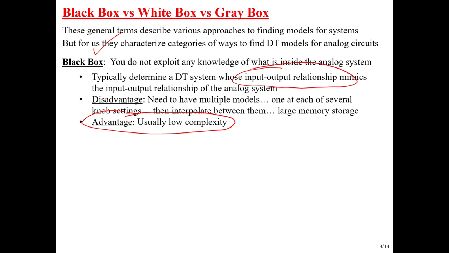But there are some more modern views of it where we literally put in inputs and measure outputs and let a computer deduce what should be inside the black box. In that case, it might not be so low complexity. We'll see more about that.